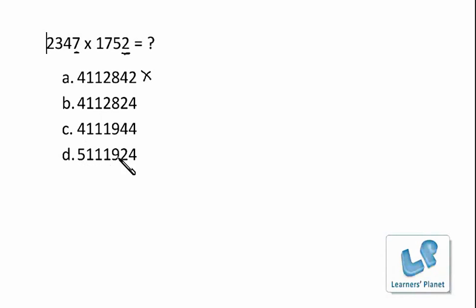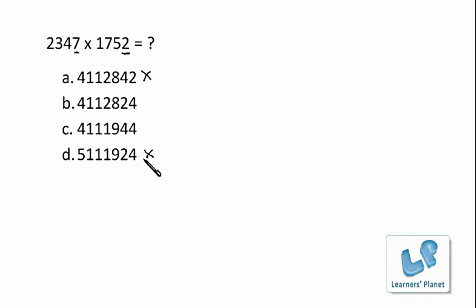So this option is also eliminated. We won't be able to get a number with 51 lakh, because to get 51 lakh, there should be 3000. It should be a bit less than 3000 because we have 1752 over here. So even this option is eliminated.